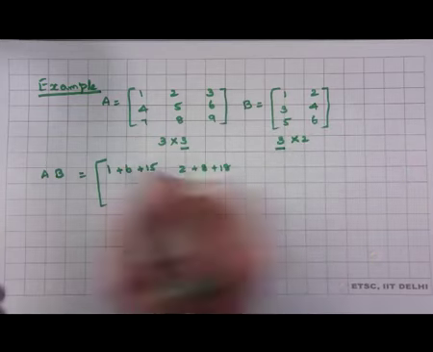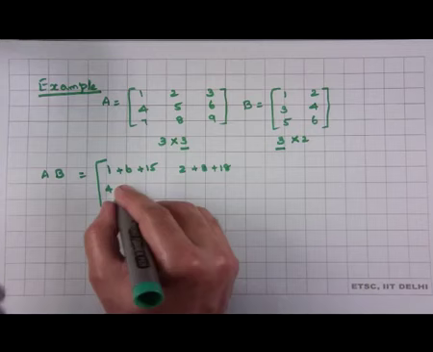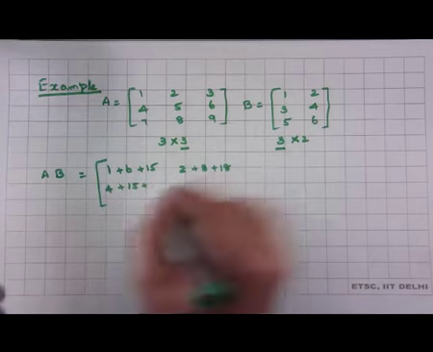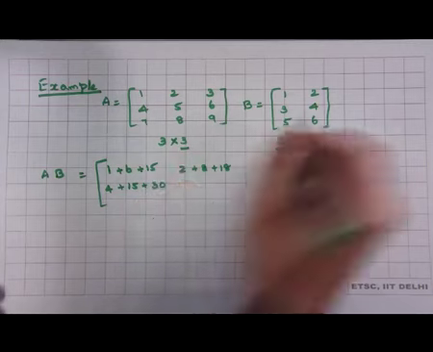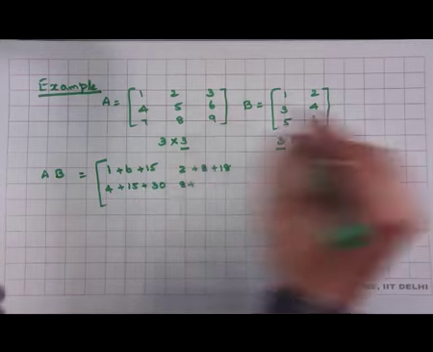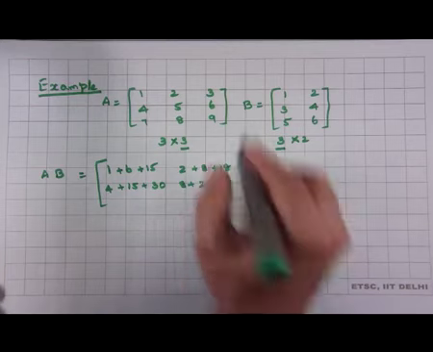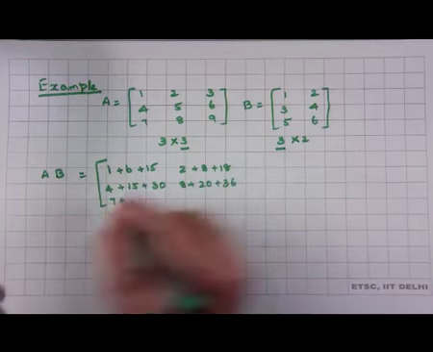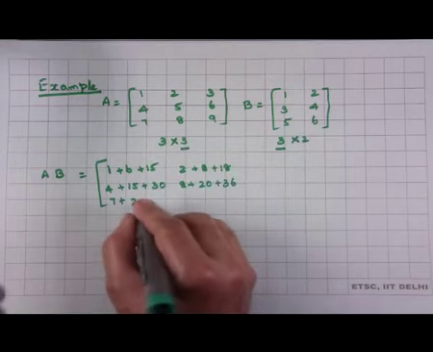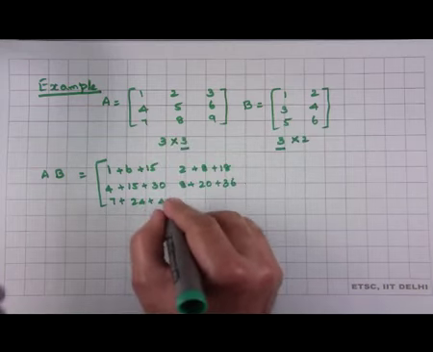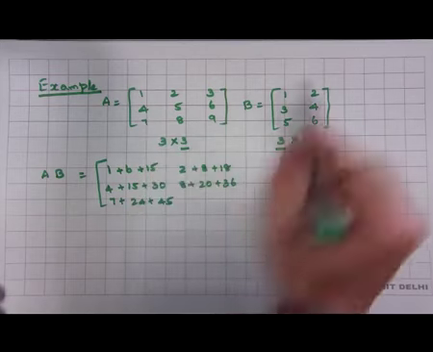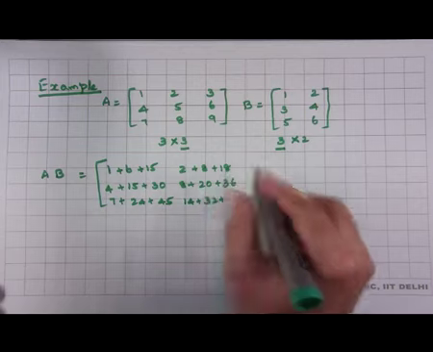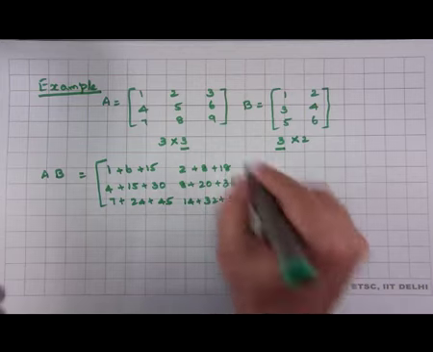Second row: 4 into 1 is 4 plus 5 into 3 is 15 plus 6 into 5 which is 30, 4 into 2 is 8 plus 5 into 4 is 20 plus 6 into 6 is 36, 7 into 1 is 7 plus 8 into 3 is 24 plus 9 into 5 is 45. Last one, 7 into 2 is 14 plus 8 into 4 is 32 plus 9 into 6 is 54.